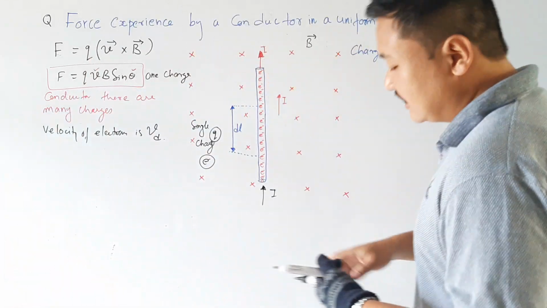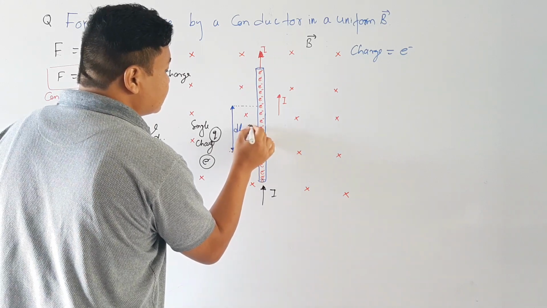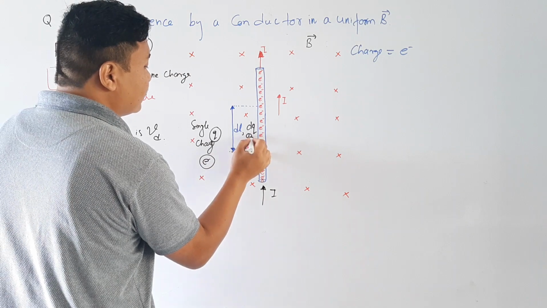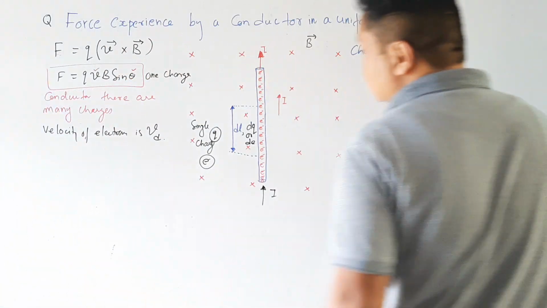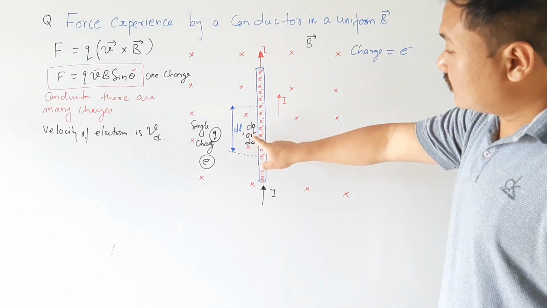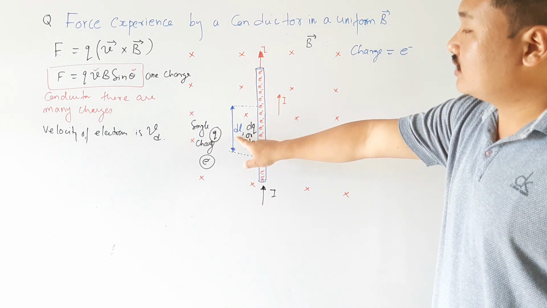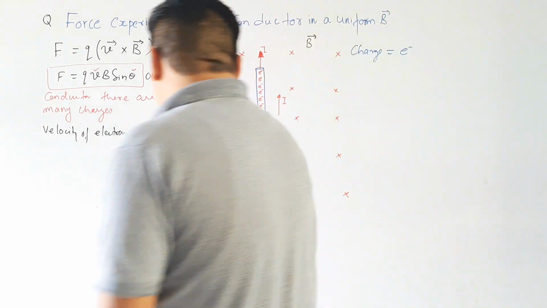In this small length there is a small amount of charge, that is dq, or you can write de, no problem. De is also charge, dq is also charge. Now there is a small amount of charge dq and a small length dl.